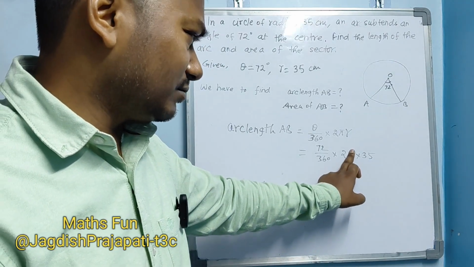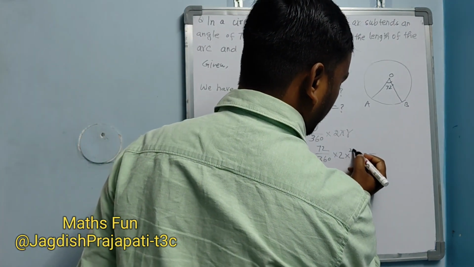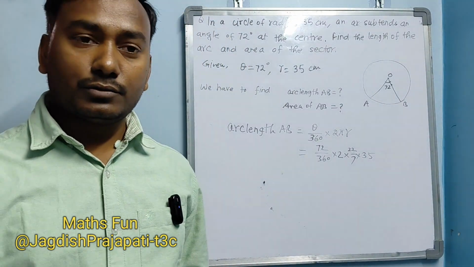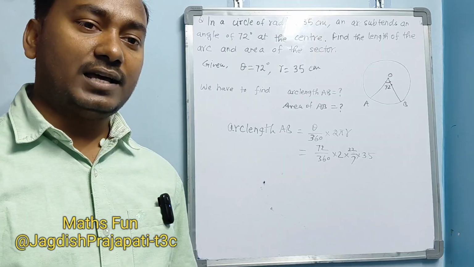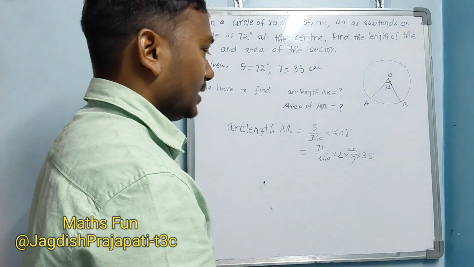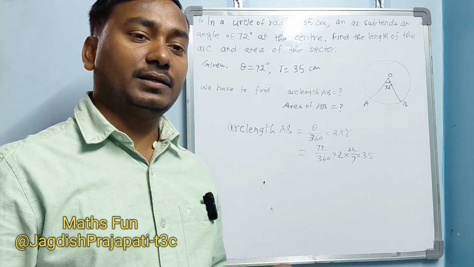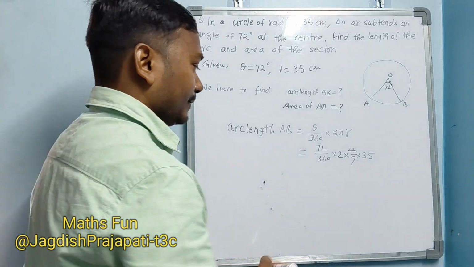So you can put here the value of pi also, 2 into 22 by 7. Our purpose is to make this expression as simple as it can be. And if you are not able to do that, leave it in terms of pi. Your answer will be correct.